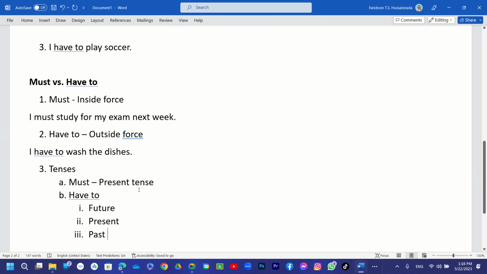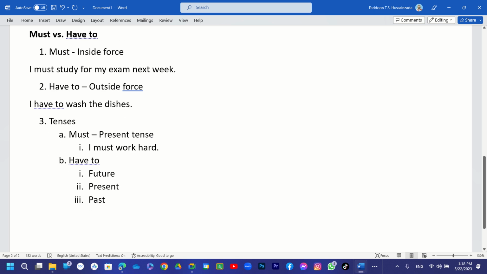Now, some people say, okay, so I can use must in the present. For example, I can say, I must work hard. This is right. But if I want to talk about something in the past, what do I do? If you want to talk about something in the past, then you have to use the second form of have to.